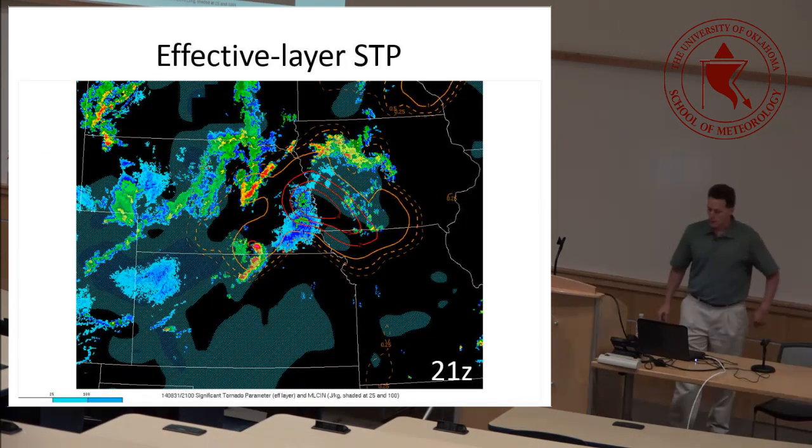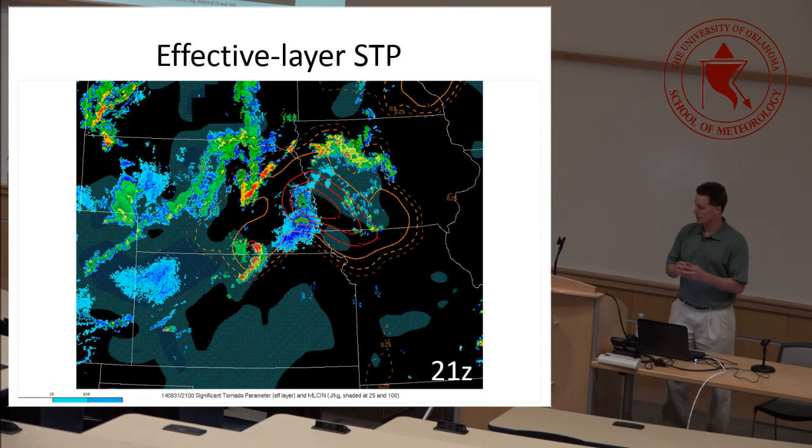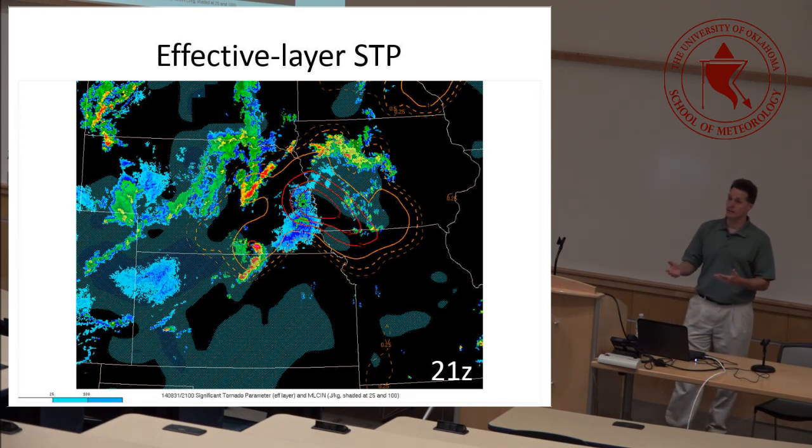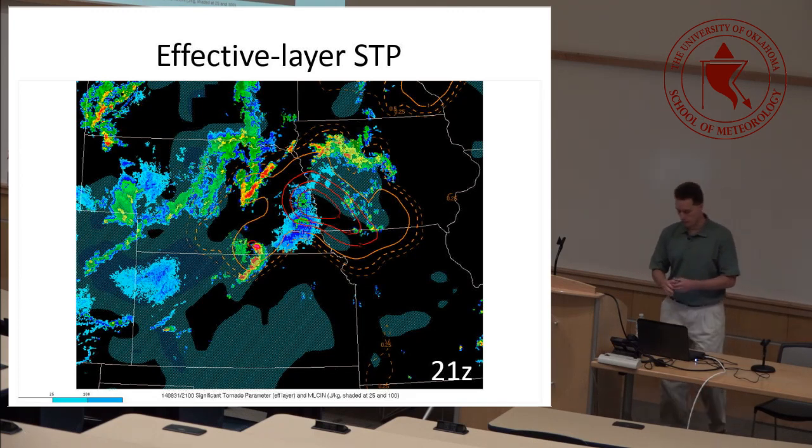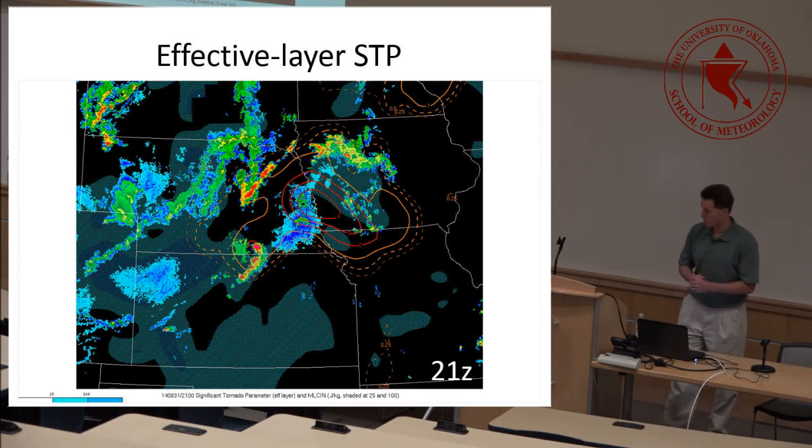All right, here's an example, some storms. This is a late summer case, and we're going to step through why the convective mode matters and why it's not necessarily a simple thing to figure out in every particular case. We start off with clusters of storms in northeast Nebraska. I'll show you some more data in a minute.